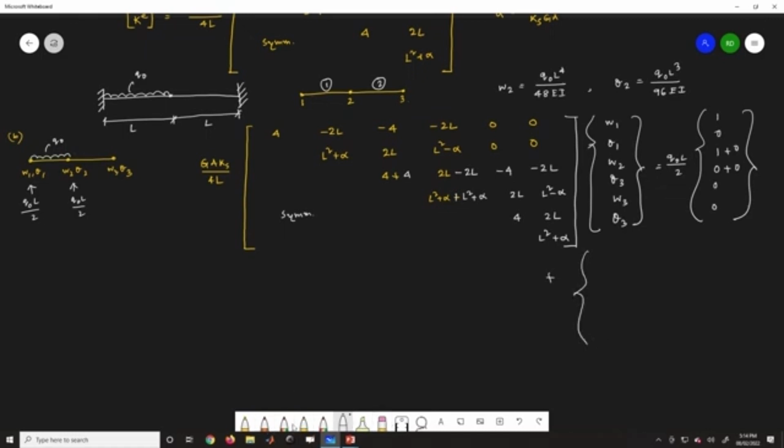Then there will be another term that will come from the boundary condition, which is actually Q11, Q12, Q13, Q14, then Q1, Q2. This is the contribution from the second element, Q21.